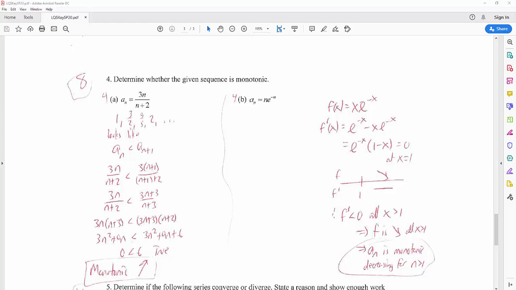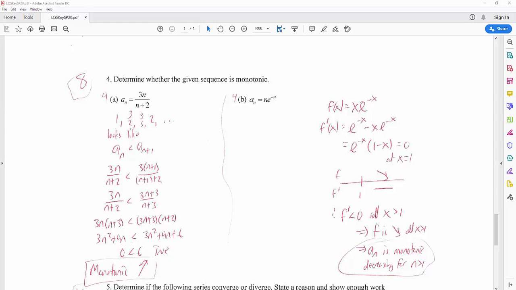So I compute the derivative of x e to the negative x. And the derivative is e to the negative x minus x e to the negative x. And then I factor out an e to the negative x. And I see the only critical value would be x equals 1. So if I made a sign diagram, I'd be putting 1 on there. I don't care what's happening to the left of 1, because numbers to the left of 1 are not positive integers.